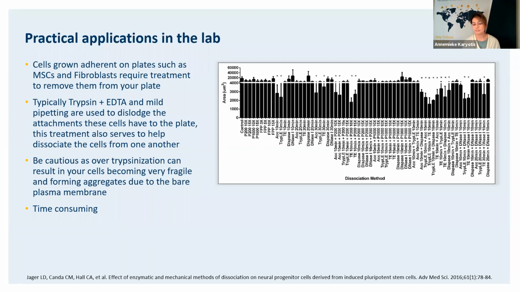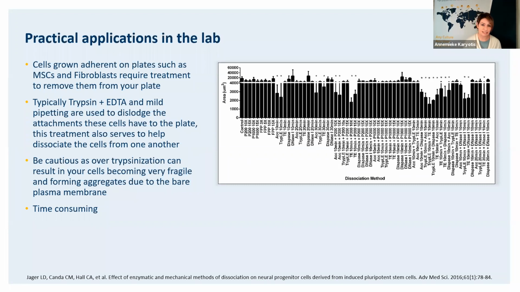I think in the end, they found that the best method was 10 minutes of incubation with EEE, and then 10 minutes of incubation with trypsin and EDTA. So that's a 20-minute incubation time for doing a disaggregation. It's incredibly time consuming, and you're also adding quite a lot of variability, especially when it comes to viability, because over-trypsinization of your cells is obviously not a good thing.